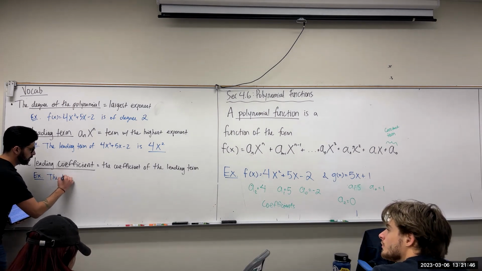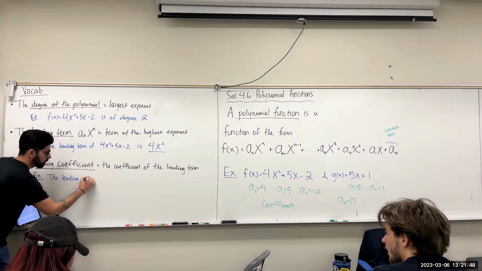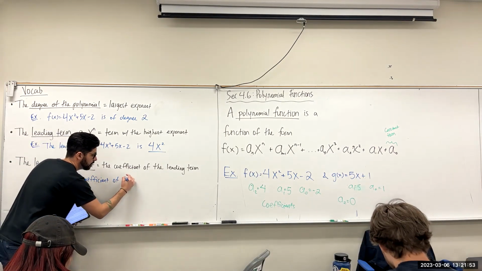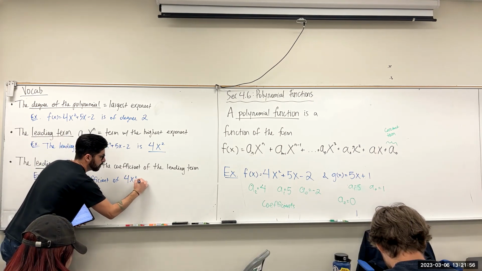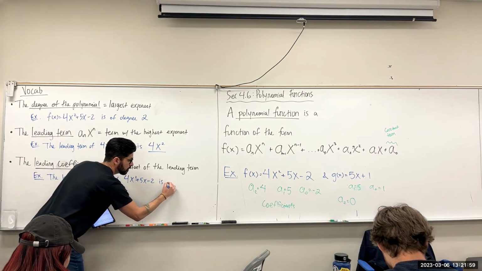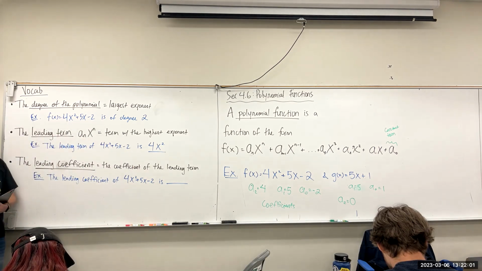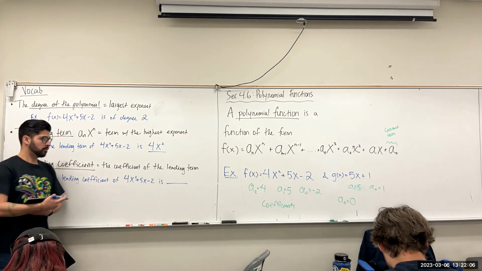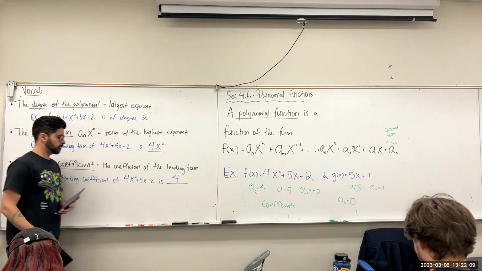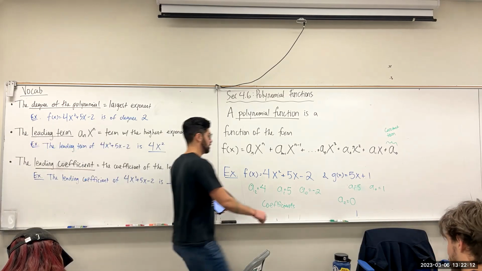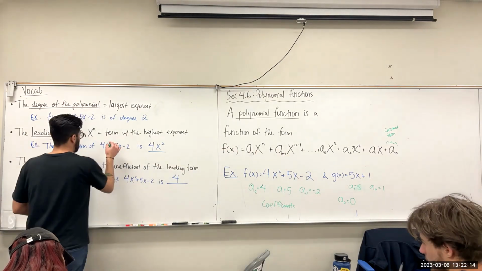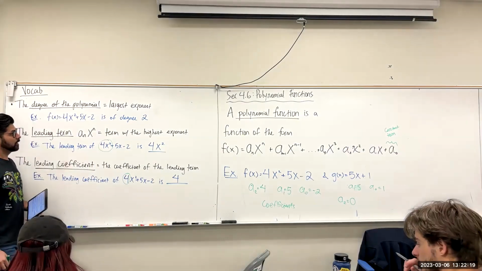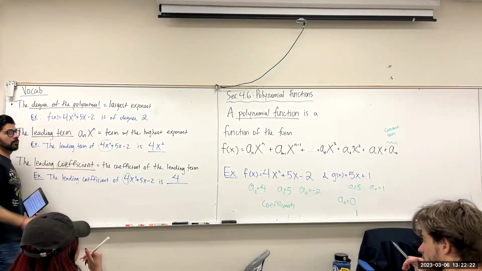So in this case, the leading coefficient of 4x squared plus 5x minus 2 is... what's the leading coefficient? Just the number 4. Your eyes want to focus on this guy for this one, and for the degree, your eyes wanted to focus on the exponent.